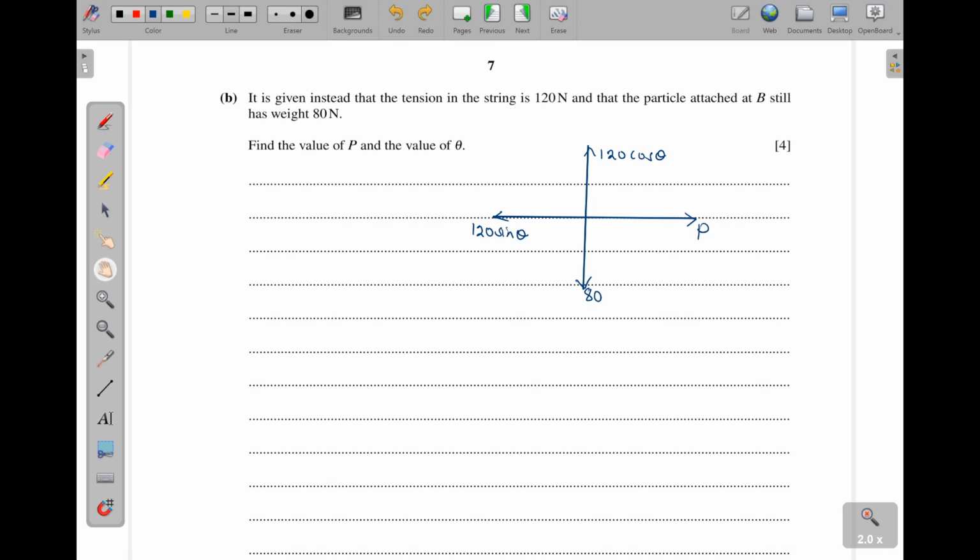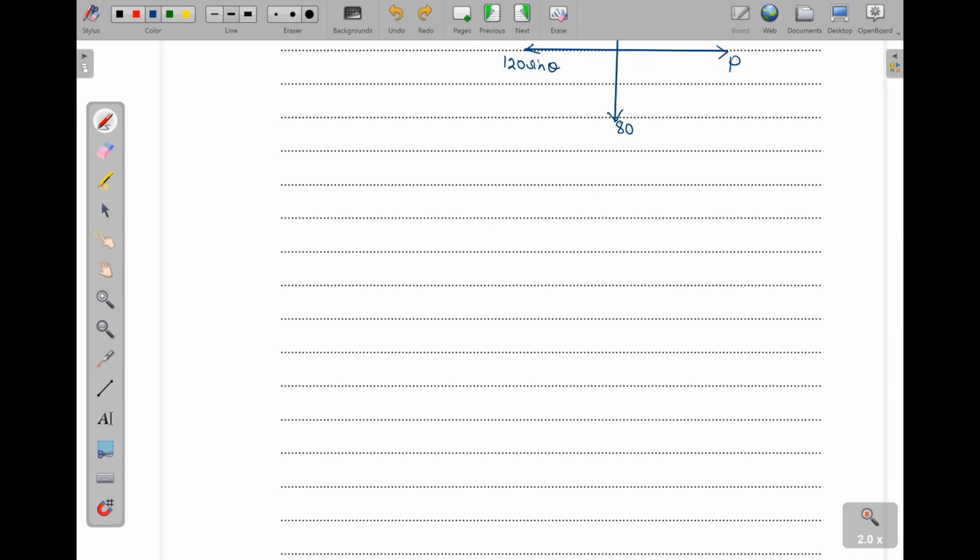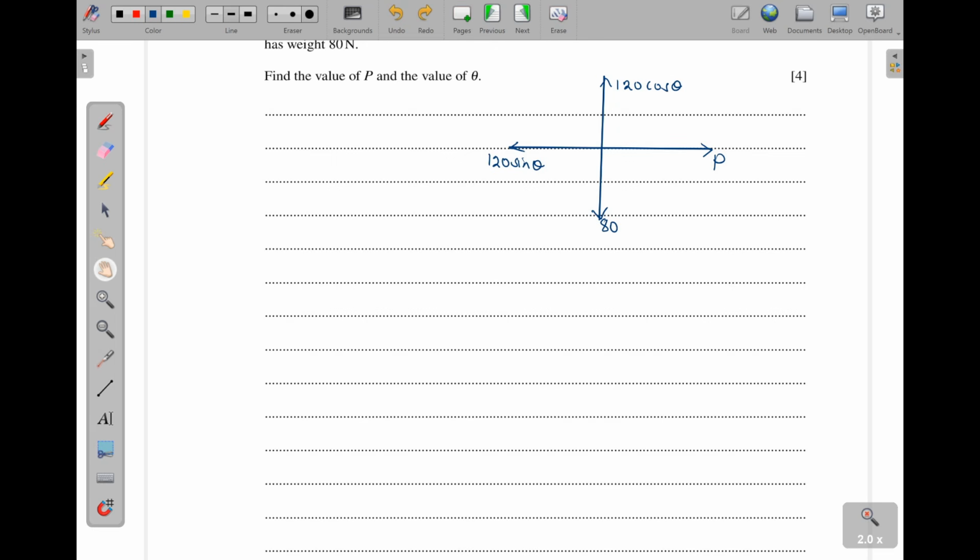That is the T. Now, resolving the forces horizontally, like we have done before, we have P equal to 120 sine of theta. And then vertically, we can see that 120 cosine of theta is equivalent to 80.